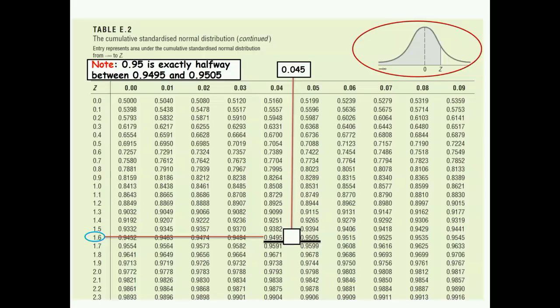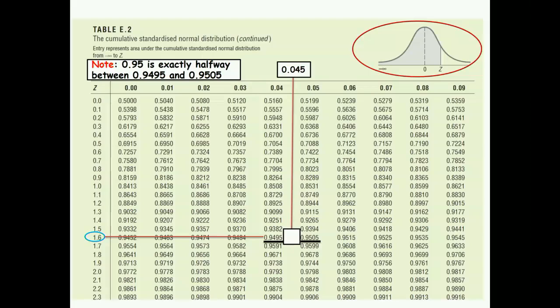But this value, 0.95, is between these two numbers, exactly in the middle. So it is better to take the average, 1.645. It is between 1.64 and 1.65, which means it is in the middle. That's why I have 3 digits.